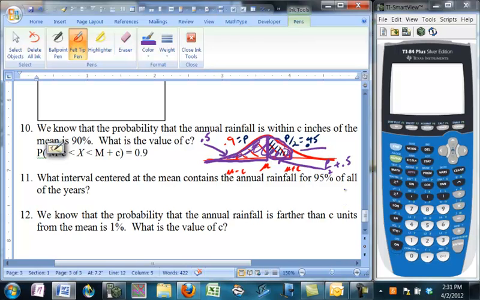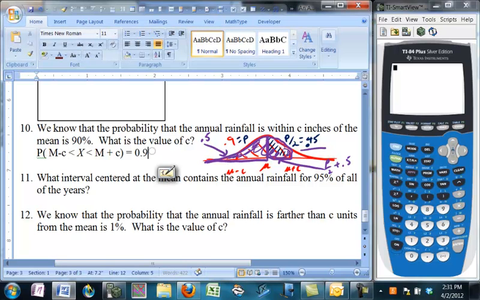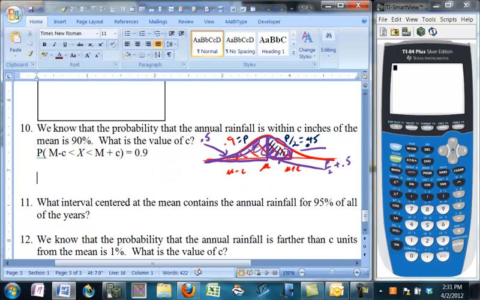Then that's the cumulative area. So the probability that X is less than mu plus c is p over 2 plus 0.5, where p is 0.9.